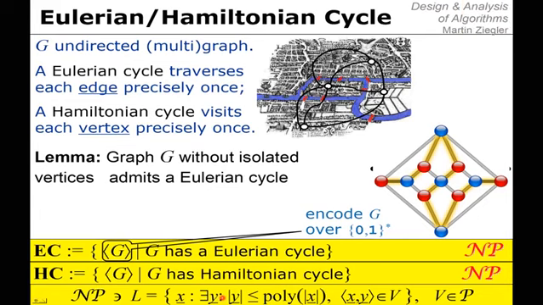Again, this binary encoding of a sequence of at most n vertices has a total length of at most n log n, and verifying that this sequence indeed constitutes a Hamiltonian cycle, that the pair x comma y, the pair graph comma Hamiltonian cycle, is indeed a Hamiltonian cycle of the graph, can be decided easily in polynomial time.